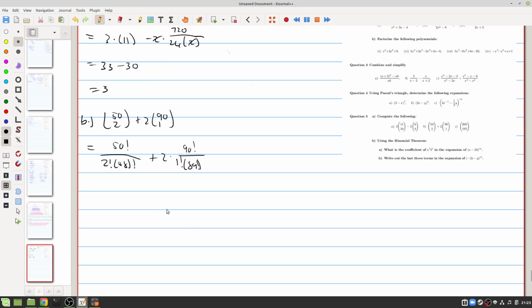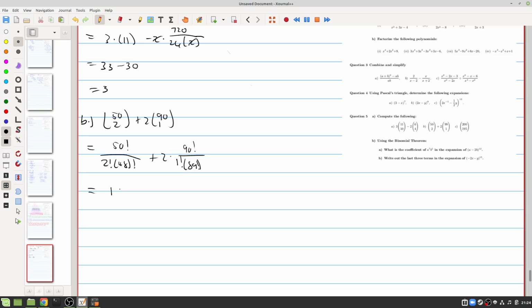Okay, let's compute this. So 50 factorial is a ridiculously large number. So we can simplify this a little bit by saying this is 2,450 divided by 2, I believe.